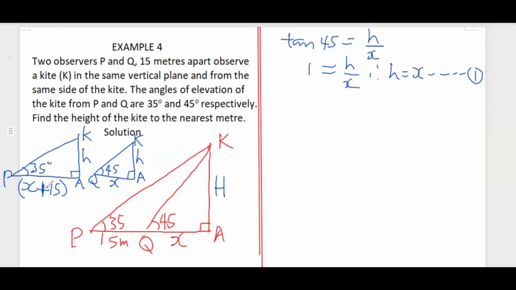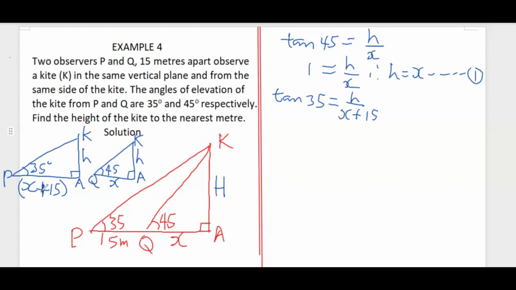Also consider the second triangle: tan 35 equals H over X plus 15.